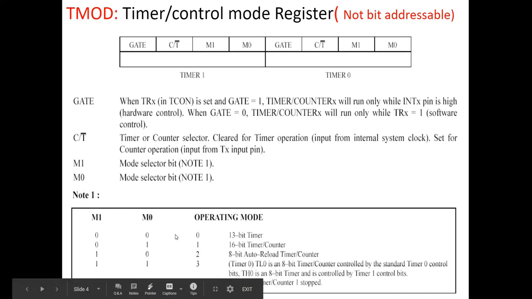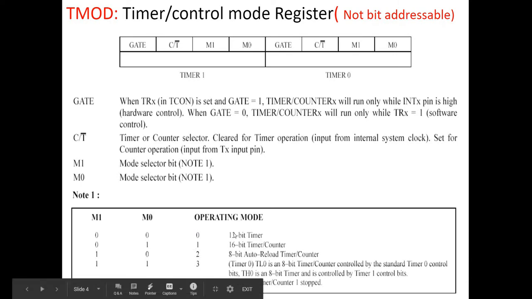Mode 0 means both bits are 0, 0, and the timer is a 13-bit timer.